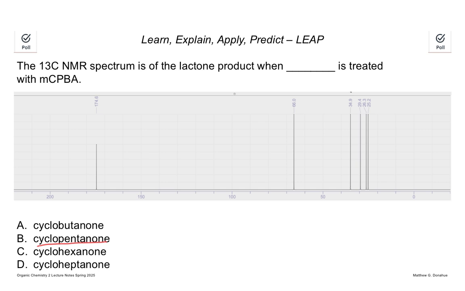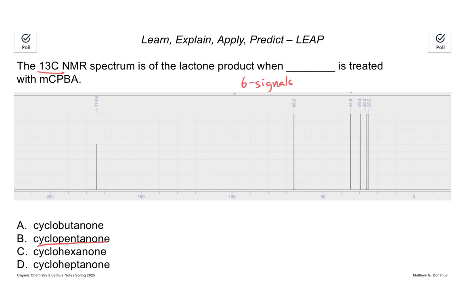How many signals do you see? You see 6 carbons.